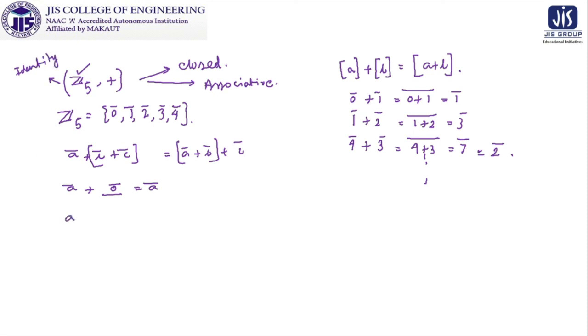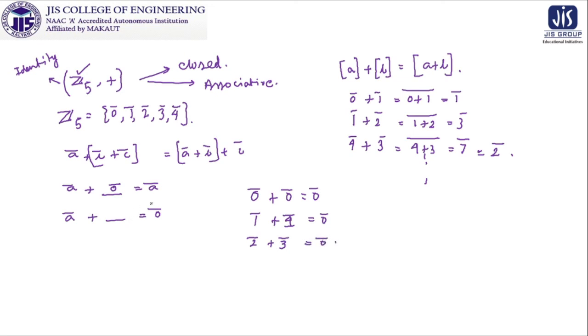And finally, you need something here to make it 0. Can you get it? Look at this. What should be here to make it 0? If you write 1, it will be 2; if you write 3, it will be 4; if you write 4, it will be 5, and 5 means 0. So 1 and 4, obviously 2 and 3.